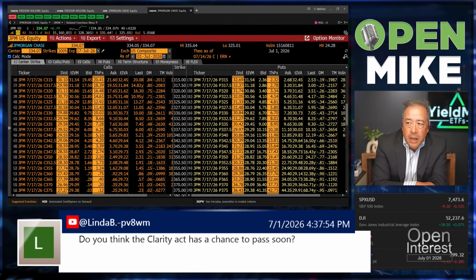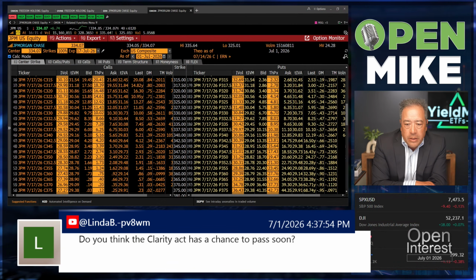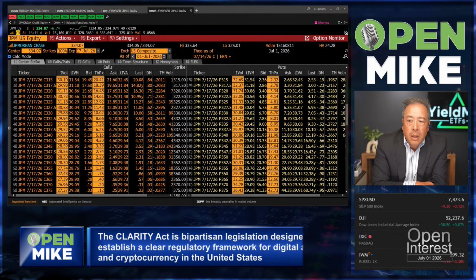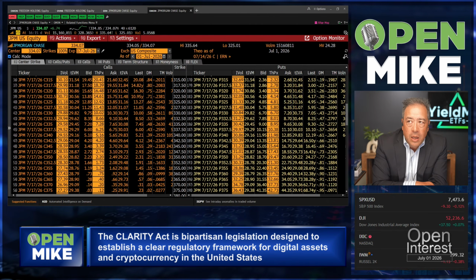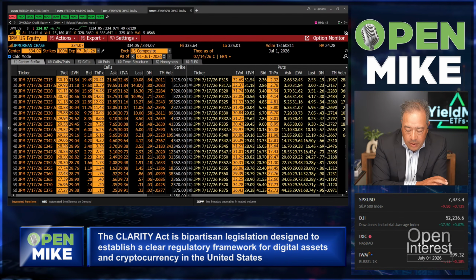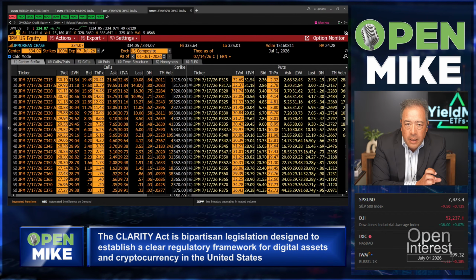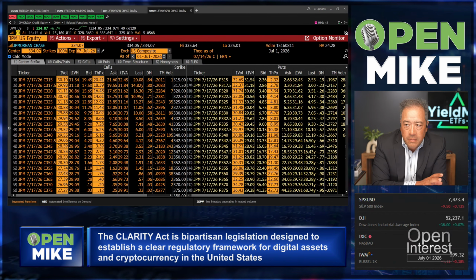And as the name of the bill implies, this is something that everybody in the space has long desired, which is that uncertainty does not help in the crypto digital asset space.